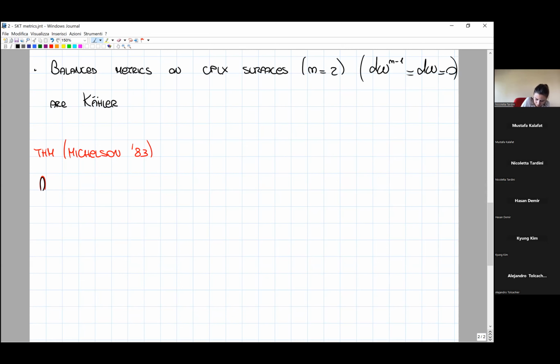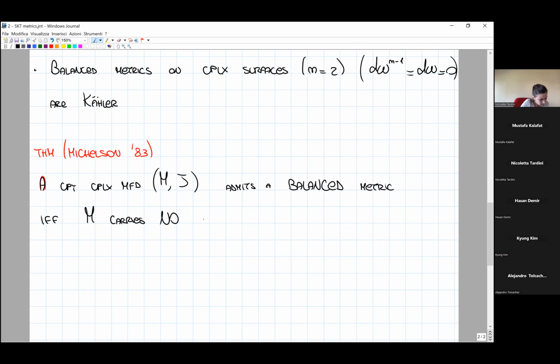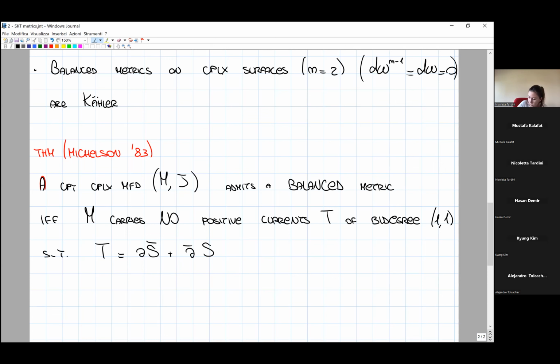A compact complex manifold M admits a balanced metric if and only if M carries no positive currents T of degree (1,1) such that T can be written as del of S bar plus del bar of S, where S is a current of degree (1,0).